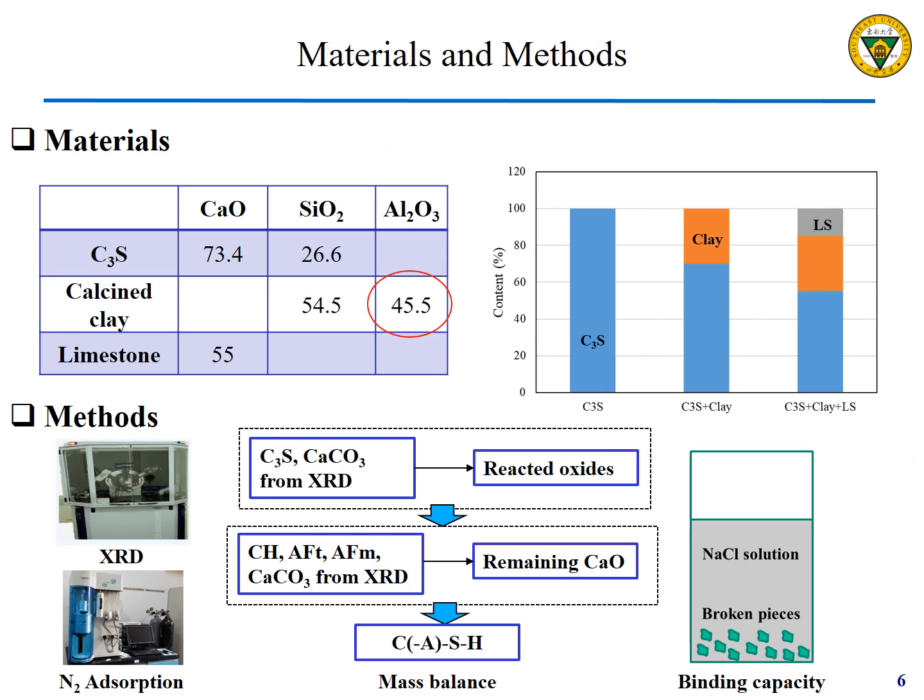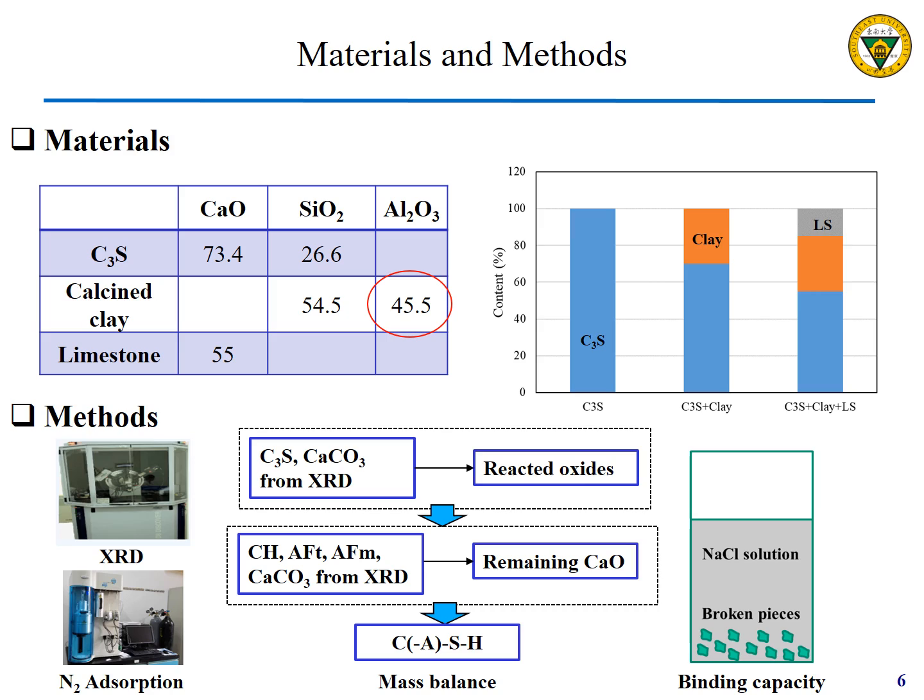Materials and method. In this study, we used pure C3S, a low-grade calcined clay, and a commercial limestone. The metakaolin content in calcined clay is around 50%, and we can find aluminum is from the calcined clay. 4 different mixtures are used in this research.